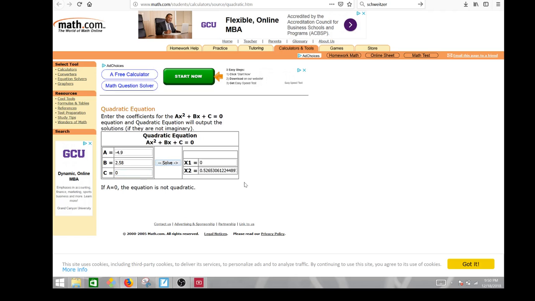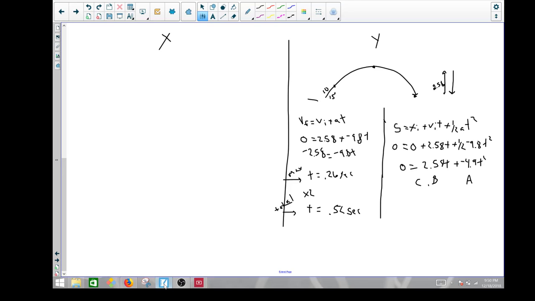Note that one of them is 0 and one of them is 0.52. So what the math is telling us is that this thing is taking a path and it crosses the 0 point two times. Once initially and once at t equals 0.52 seconds. Same as before. You can choose how you want to solve it.